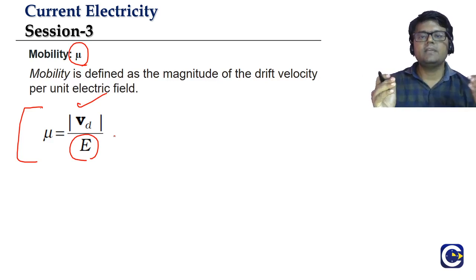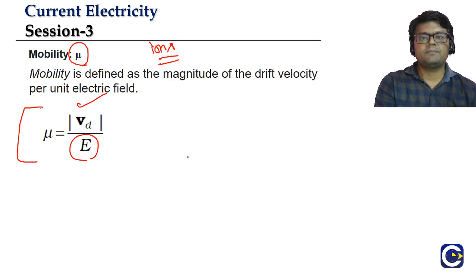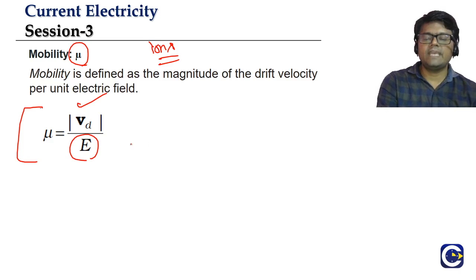In fact, this will be more beneficial if we talk about electricity in case of ions, the electrolytes. There different types of ions will have different mobility. But here we have the same kind of charge carriers, which are electrons.